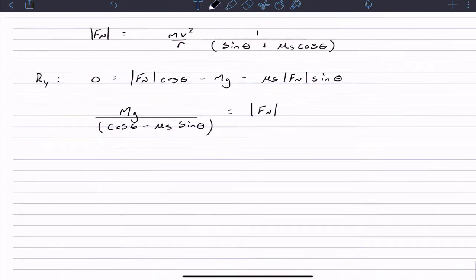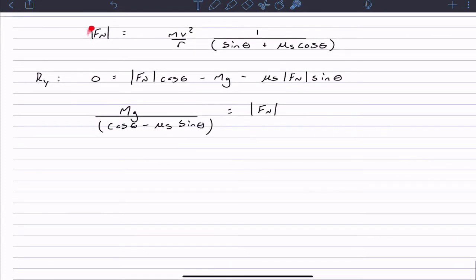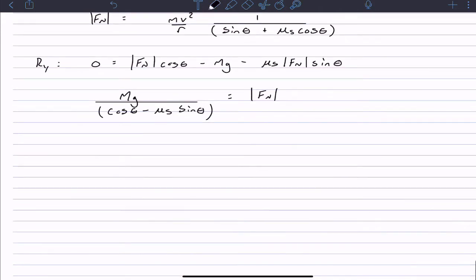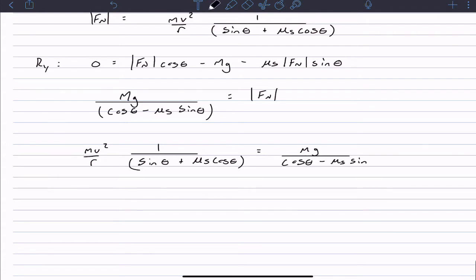Let's set these equal, because this is what we solved for was the magnitude. We have two magnitudes, so we can set these equal to each other and solve for this velocity. So let's do that. Okay, we have mv squared over r times 1 over sine theta plus mu s cosine theta, and this is going to be equal to mg over cosine theta minus mu s sine theta.